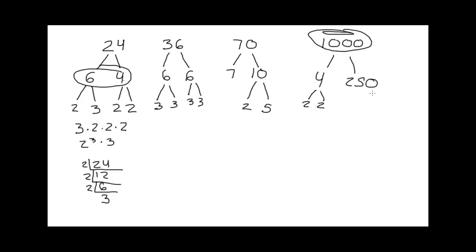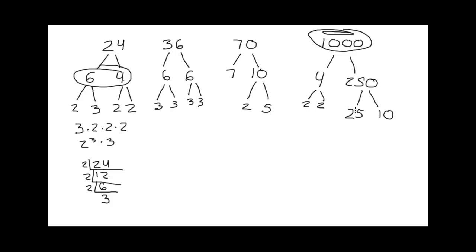So 25 would go in here 10 times, and that would give us 250. So let's break it down that way, because that's going to really extend this little branch and allow me to continue it a little bit more, so you guys who are watching this video have more opportunity to see what's going on.